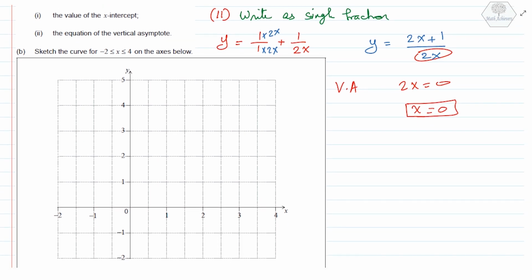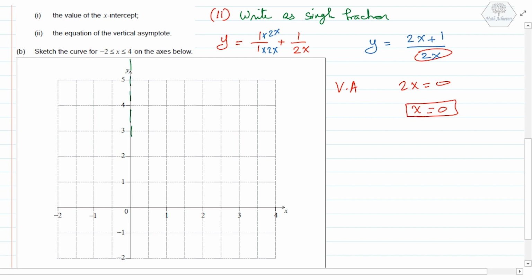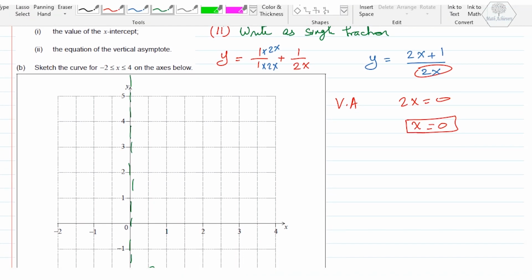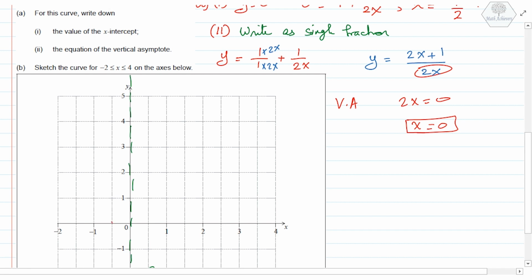I can add the vertical asymptote on my function. The equation of this vertical asymptote is x equals 0. And I know that the function will cross the x-axis at negative half.